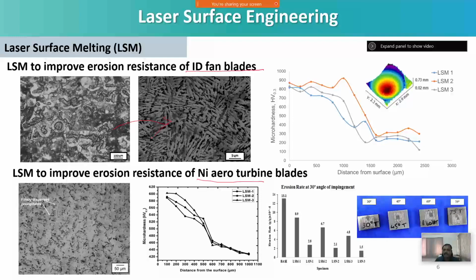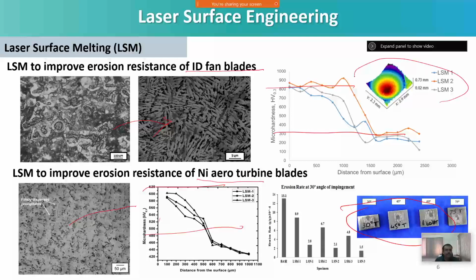You can see here from the base microstructure we have created a fine dendritic structure, and in the case of laser surface melting of nickel based alloy, we modify the surface similar to the other laser based modification. In both cases you can see the hardness improvement obtained up to 2 to 3 fold, and these are some of the samples from erosion testing.